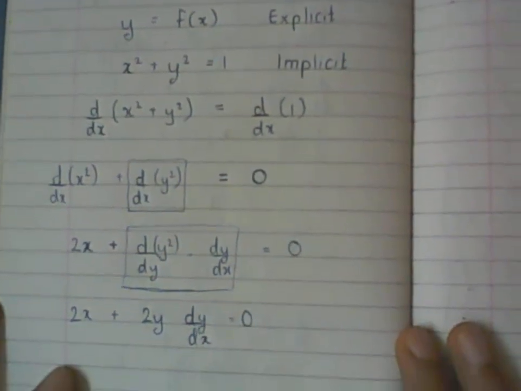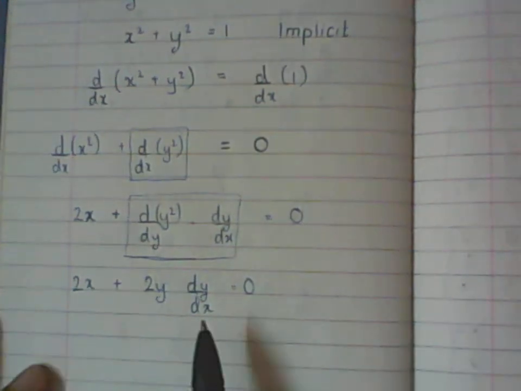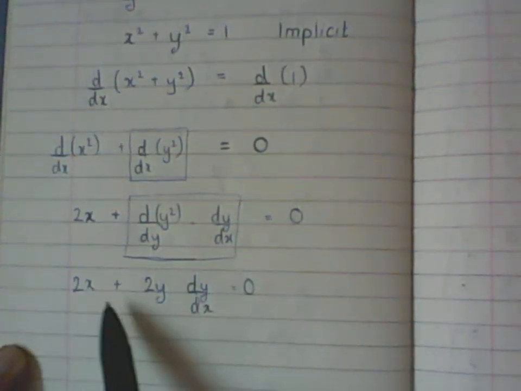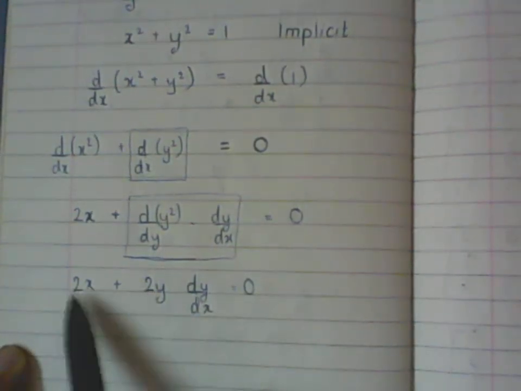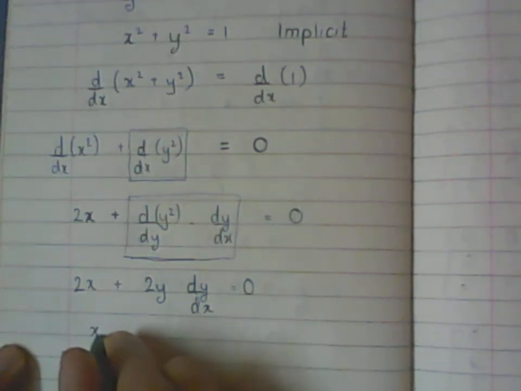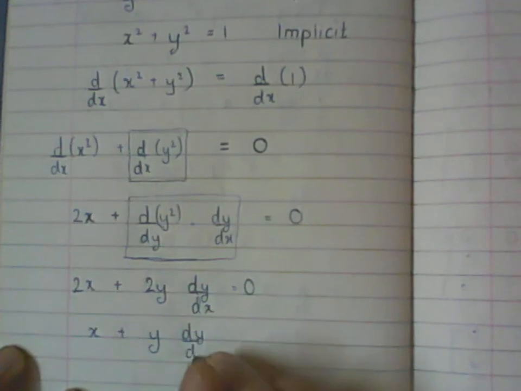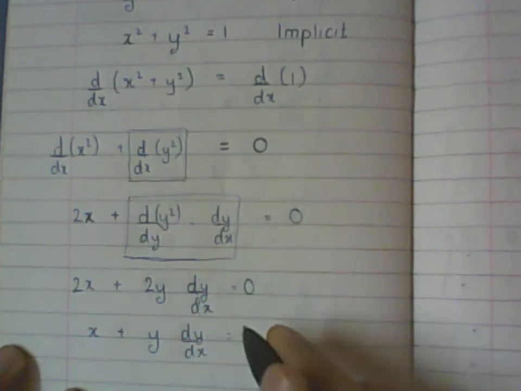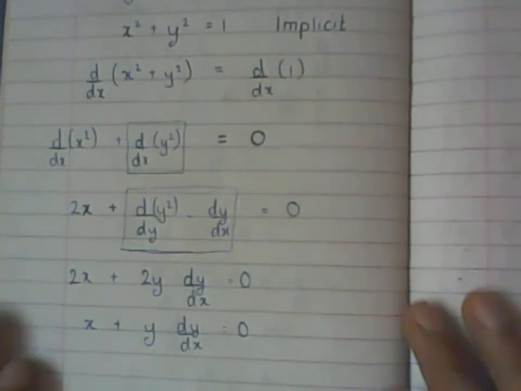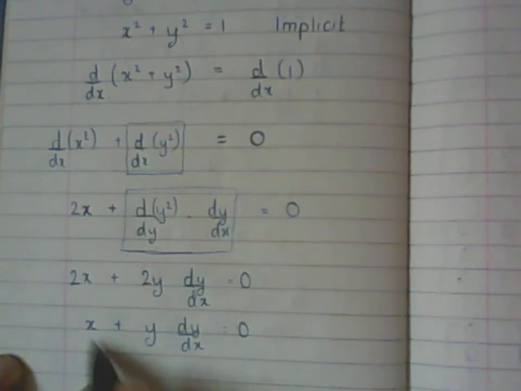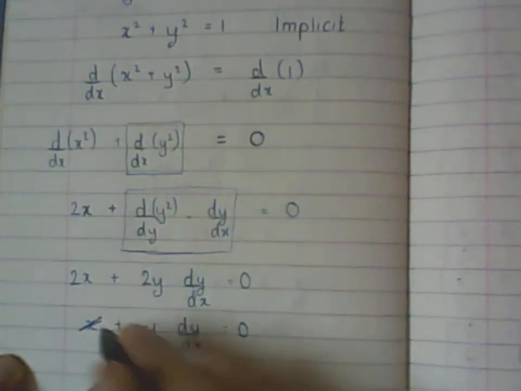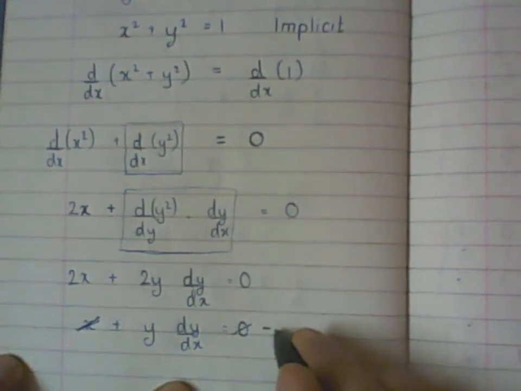If I divide both sides by 2 to get rid of these twos, I'm left with x plus y dy by dx equals 0, since 0 divided by 2 is just 0. Then I can get rid of this x by subtracting x from both sides, so this becomes negative x.